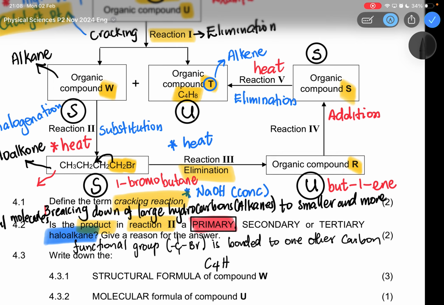Looking at CH3, CH2, CH2, CH2Br, what is the molecular formula of compound W before it became that?